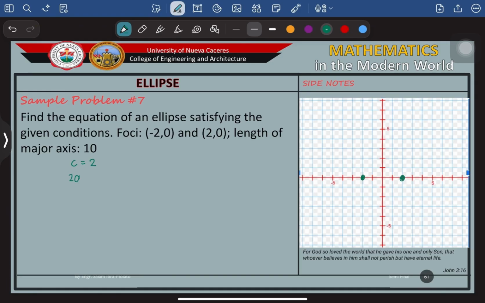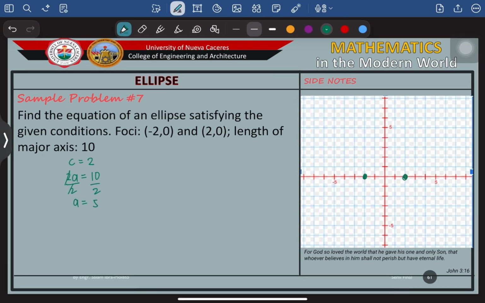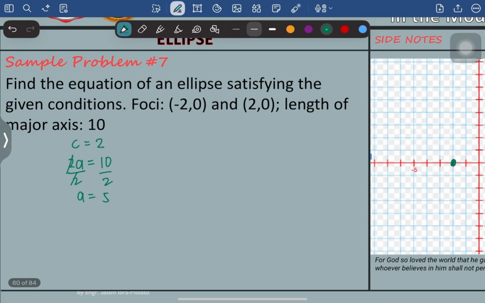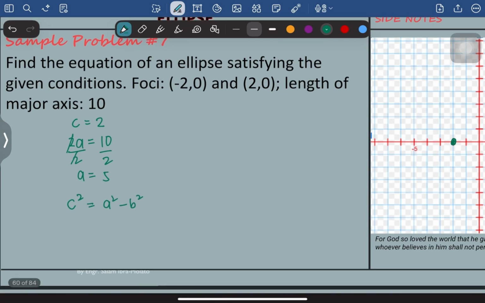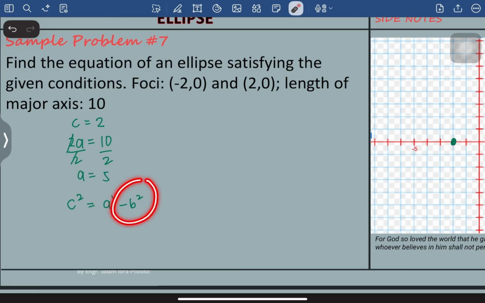Then the length of the major axis is 10. To determine the semi-major axis, divide both sides by 2, so a equals 5. Then for the minor axis, we have this relationship: c squared is equal to a squared minus b squared. This time you need to get the value of b.